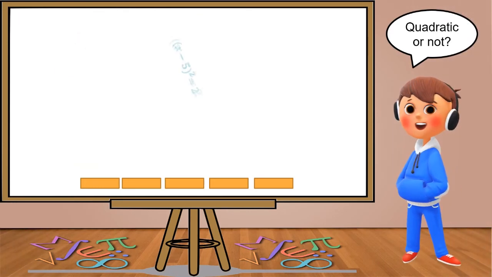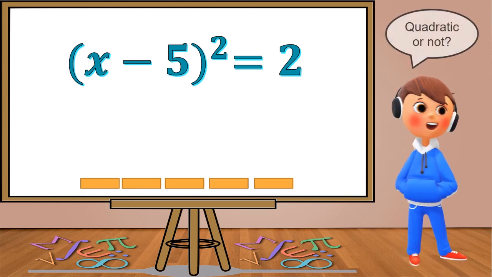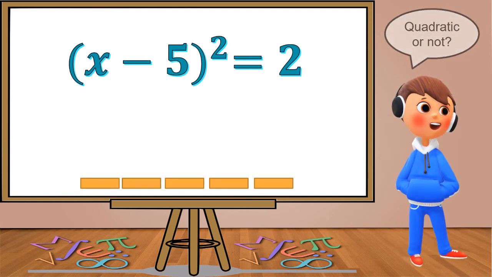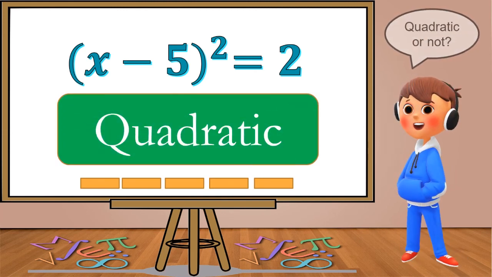Another one, x minus 5, the whole quantity raised to 2 is equal to 2. Is it quadratic or not? That is quadratic.